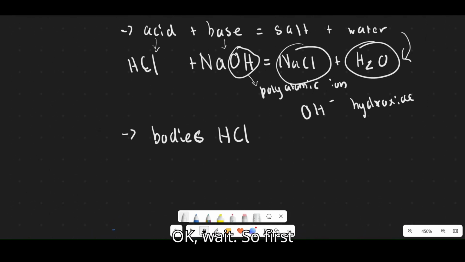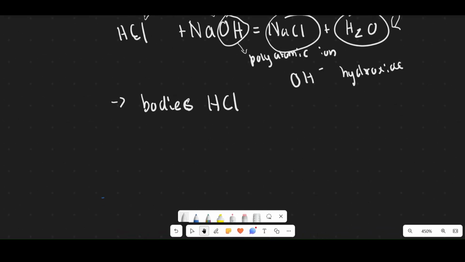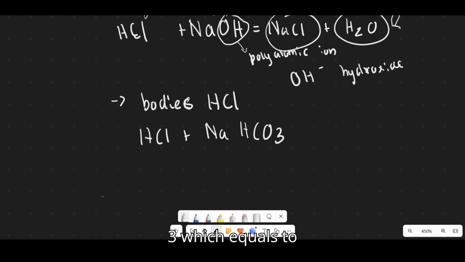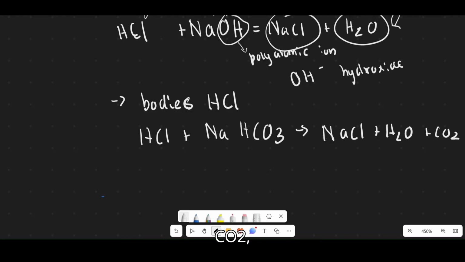Okay, wait. So first, when it builds up, I'll show you. That would be HCl plus NaHCO3, which equals NaCl plus obviously H2O, and because it produces CO2.